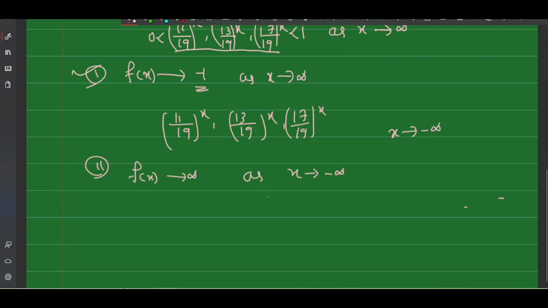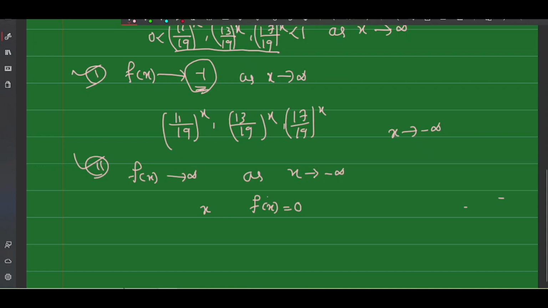Now look at these two statements. From these two statements, we have f of x is a strictly decreasing function, and we already proved that f is continuous and 1-1. Here we got f is a strictly decreasing function and its lower bound is minus 1. So there exists a unique real number x such that f of x is equal to 0.